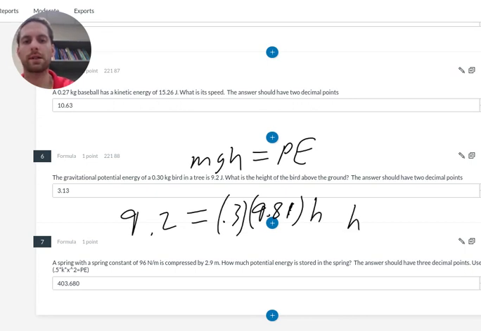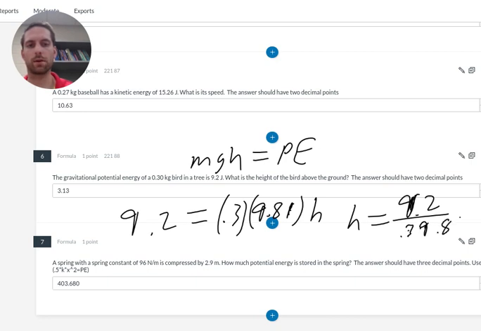So height is going to be 9.2 divided by 0.3 times 9.81.